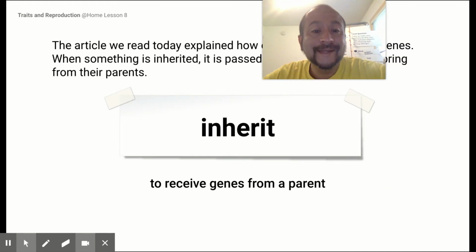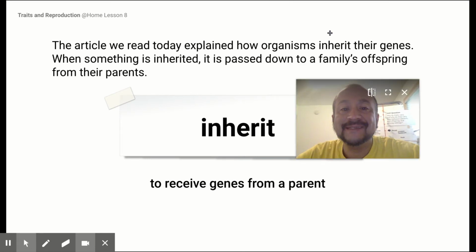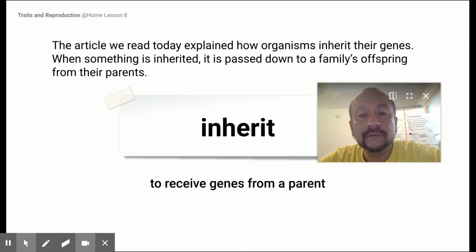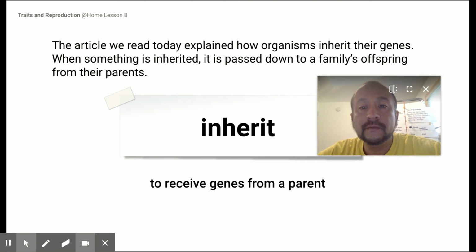So, inherit. To inherit is to receive the genes from a parent. So there are certain genes that you inherit from your parents, and it's passed down to the family's offspring.